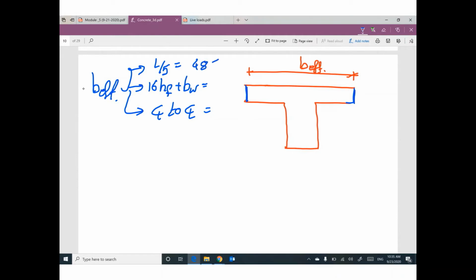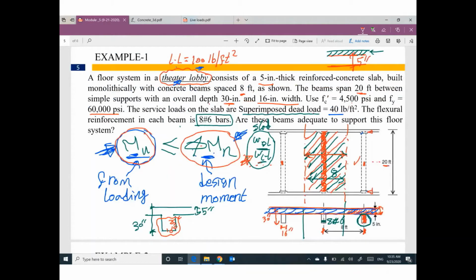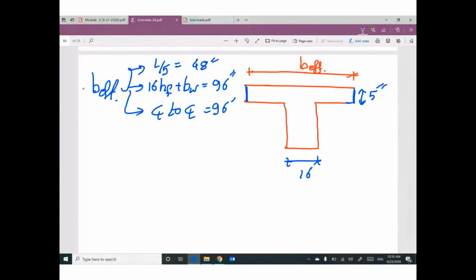This thickness, how much? 5 inch, so 16 times 5, plus this width, how much? I think 16, yeah, plus 16, so this one would be 96 inch. Center line to center line of the beam, I believe is 8 feet. Please multiply it by 12 to be in inch, it will be 96. The least value, so your b effective will be 48 inch.